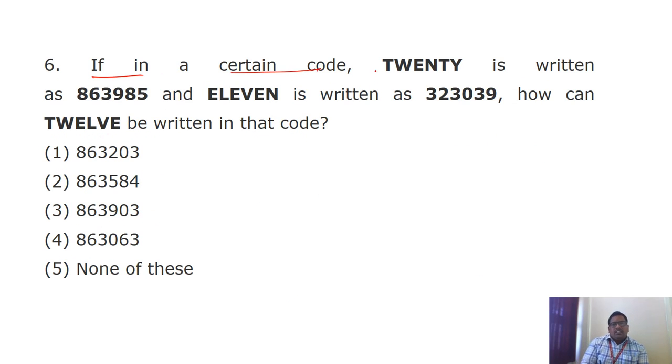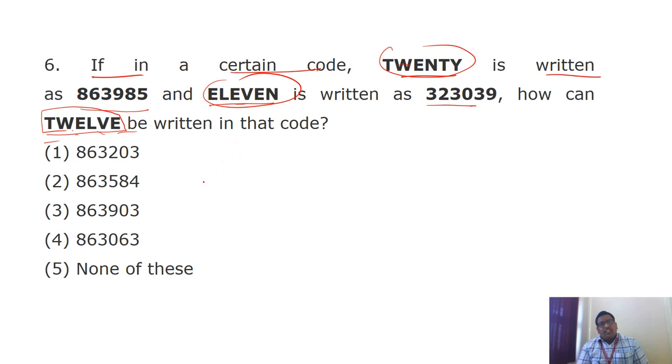If in a certain code 20 is written as this number and 11 is written as this number, then how will you write 12 in that code? First check: can the letters of the word 12 be formed by combining 20 and 11? TW, 20 gives TW, 11 gives E, 12 gives LVE, so it can be done. I want to find the code for each letter. TWELVE.